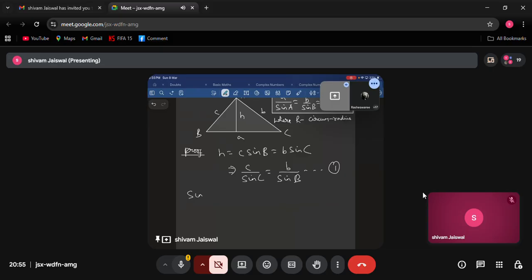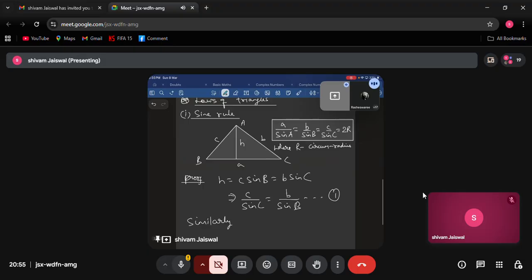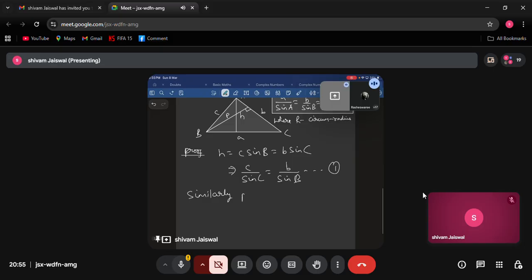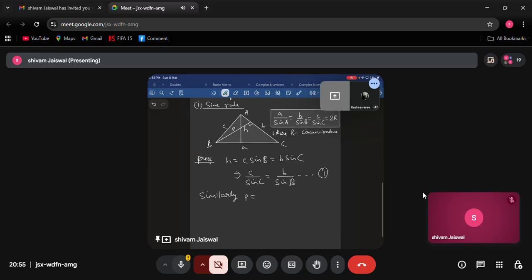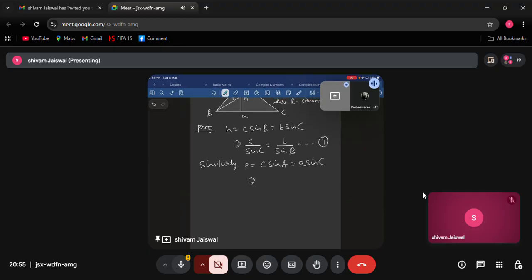Similarly, we can prove. You draw another height over here, call it P. So P will be equal to c sine A is equal to a sine C. So this will also become c by sine C is equal to a by sine A. This is equation 2.